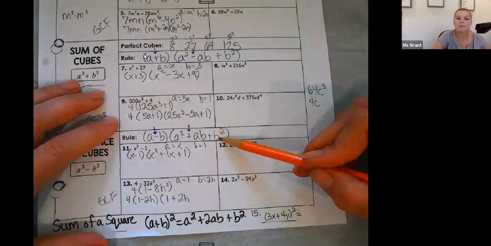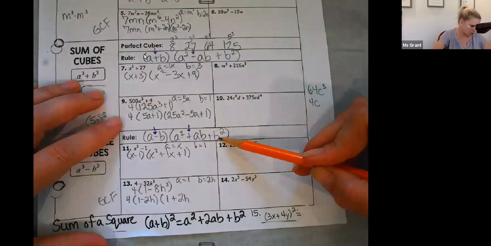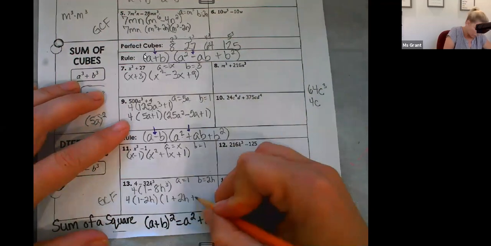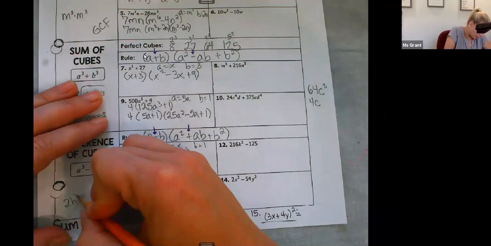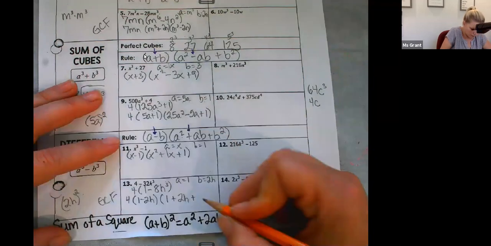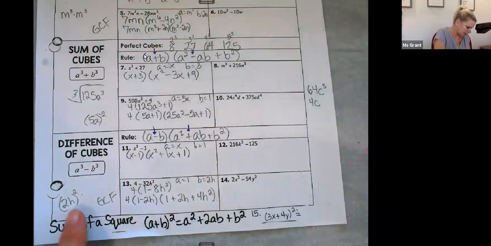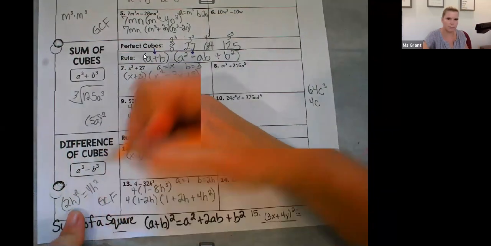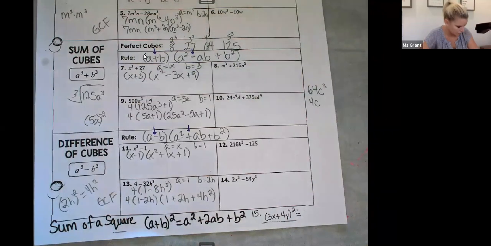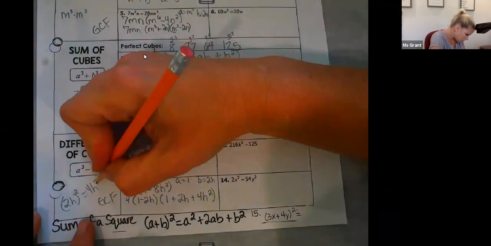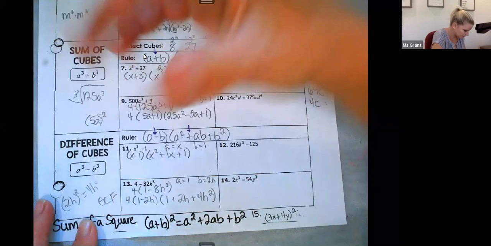That's 2h times 2h. Think carefully. 2h times 2h is 4h squared. So that's where I got the 4h squared. Sorry, my finger was blocking everything.